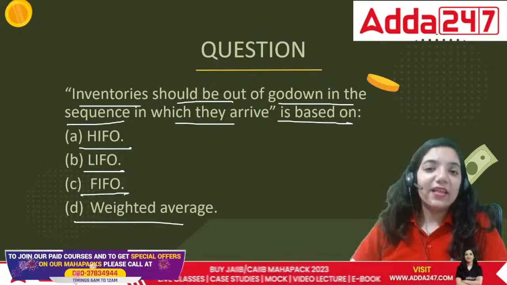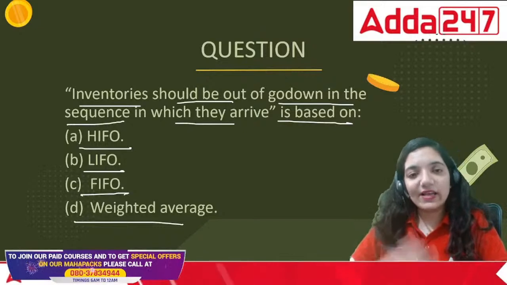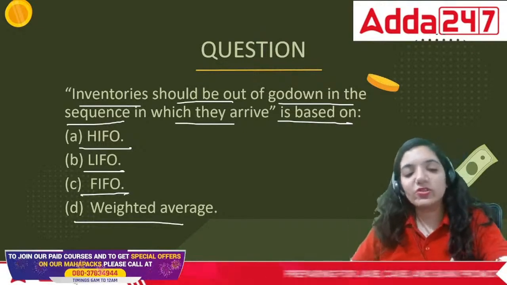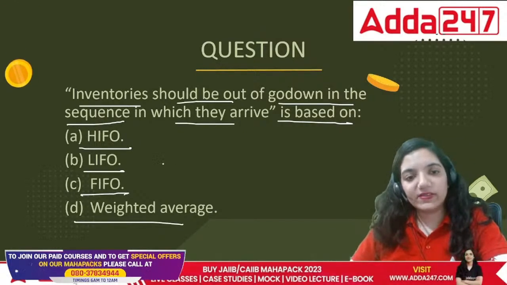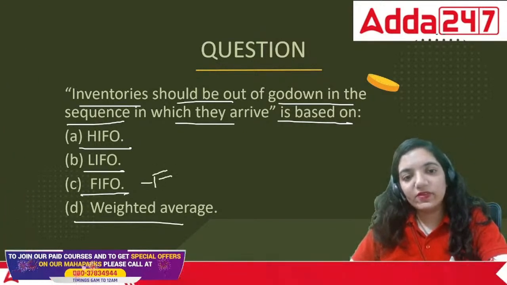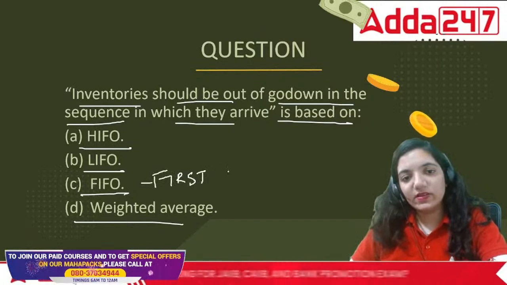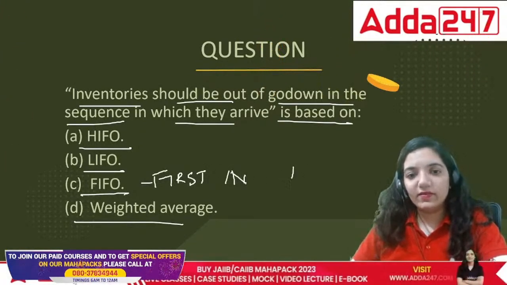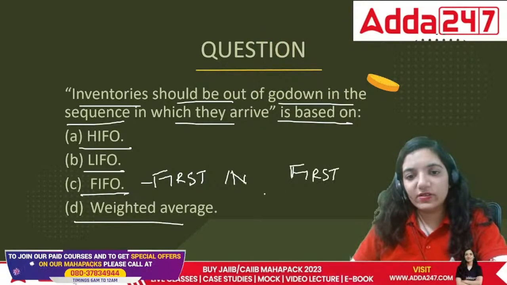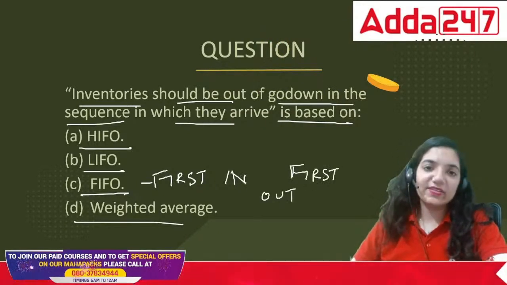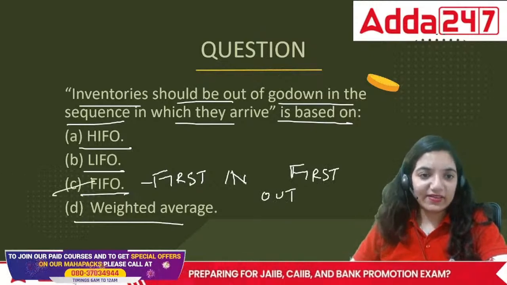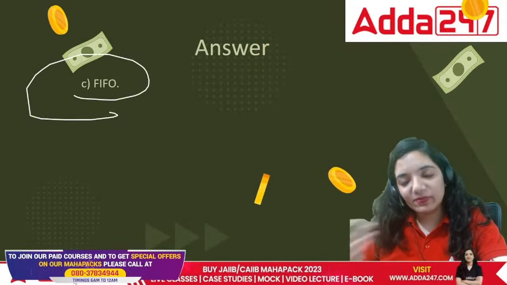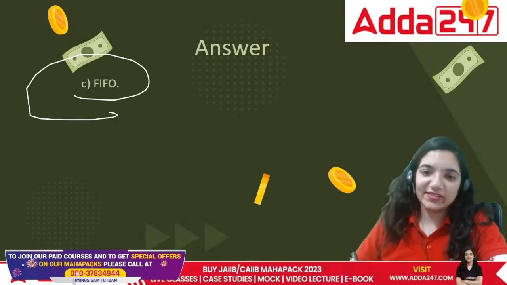Then we have LIFO, which is last in, first out, and FIFO is first in and first out. So in this case, what would be the correct answer? The correct answer is C, FIFO. Whatever comes first would go out first.